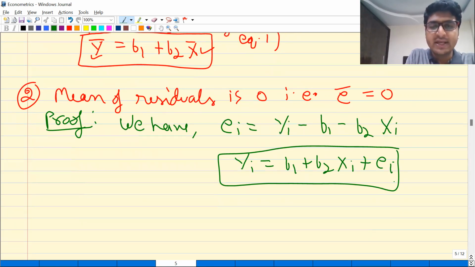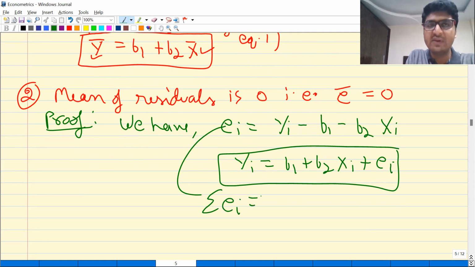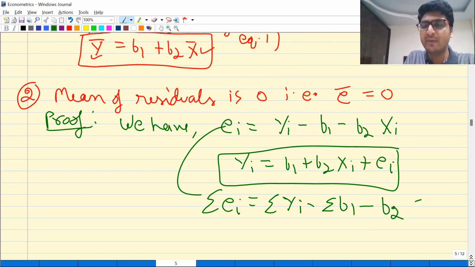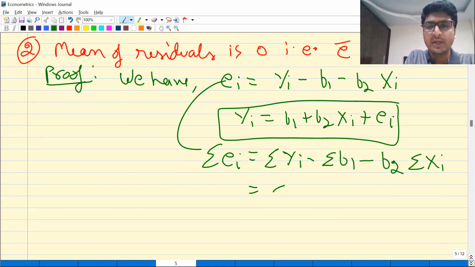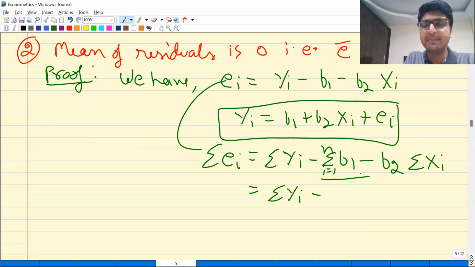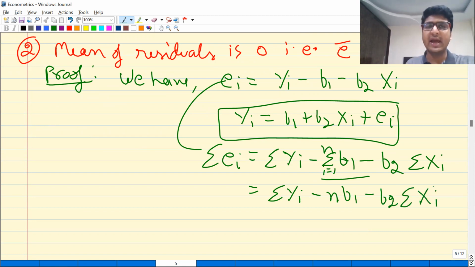Okay, so taking summation both sides, summation ei will be equal to summation yi minus summation b1 minus b2 is a constant, तो बाहर आ जाएगा summation xi. Which is equal to summation yi minus, so हमारे पास सैंपल होगा n terms का, right? So this basically means we are adding b1 n times, so it is equal to minus n b1 minus b2 summation xi.